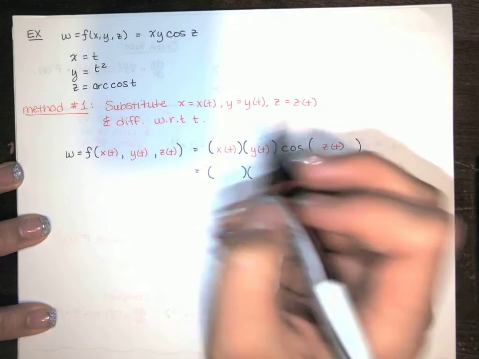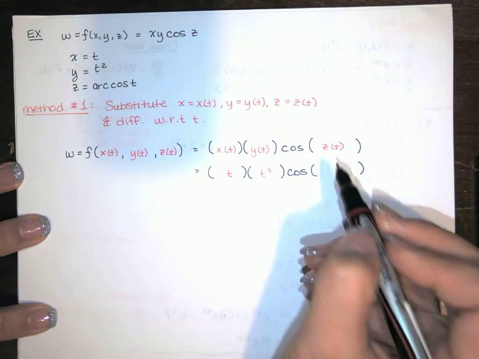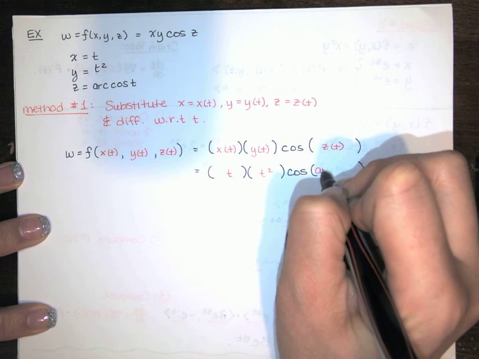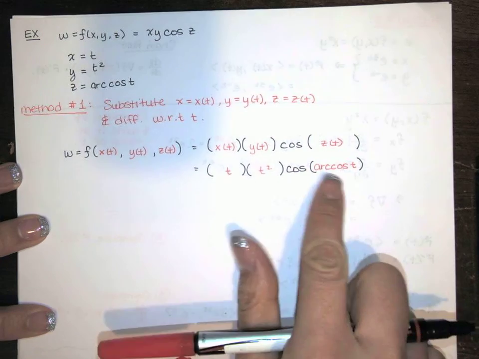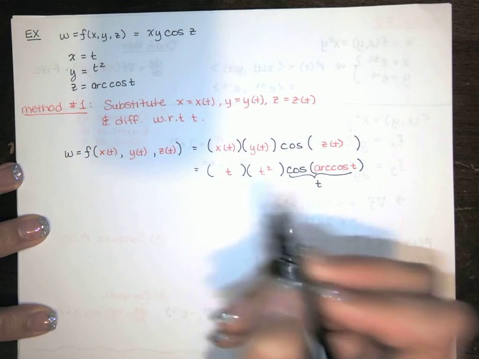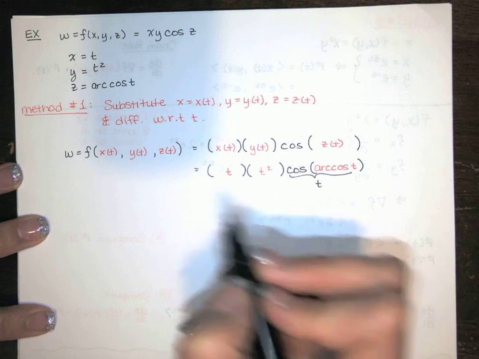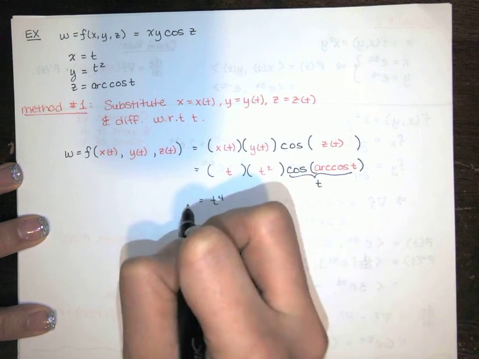X of t is just t. Y of t is t squared, and z of t is arc cosine of t. And the cosine of the arc cosine is just a t. So this is a t times t squared times another t. These are 4 t's multiplying each other, that's t to the 4th.